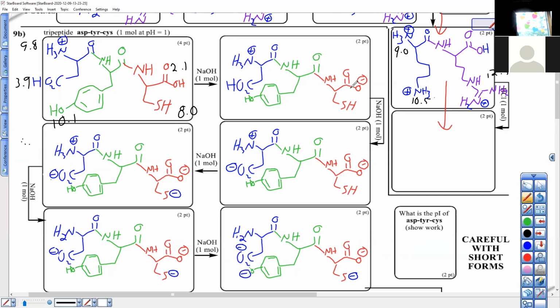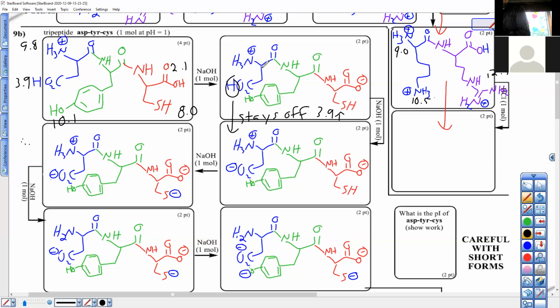What's going on? Which H comes off here? Because we got to make sure it stays off. And that was the 3.9. Stays off. So you're 3.9 above. And which one stays on? So stays off.